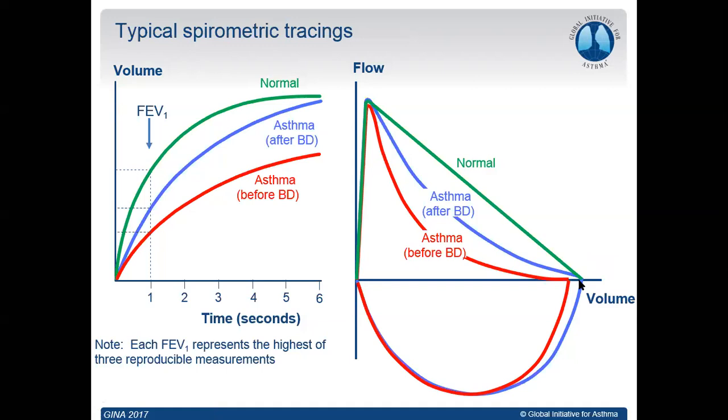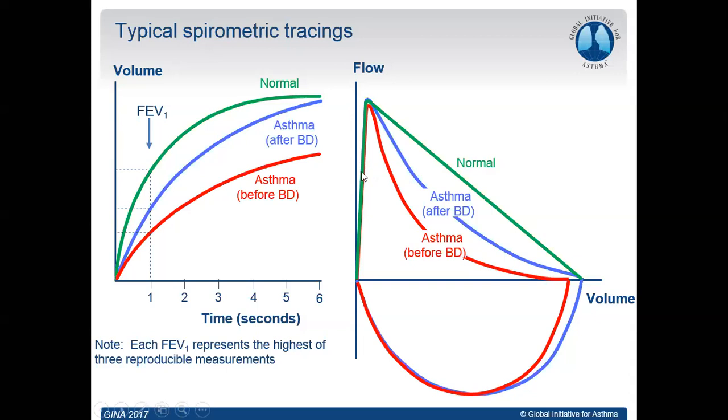They will not be able to have a good flow because of the bronchoconstriction, so they have this incurving while exhaling. So this is the asthma. Once you give a bronchodilator, this scalloping slowly improves towards the normal. So this curve pattern is very important. They may just show you the curve and ask whether it is normal or abnormal.